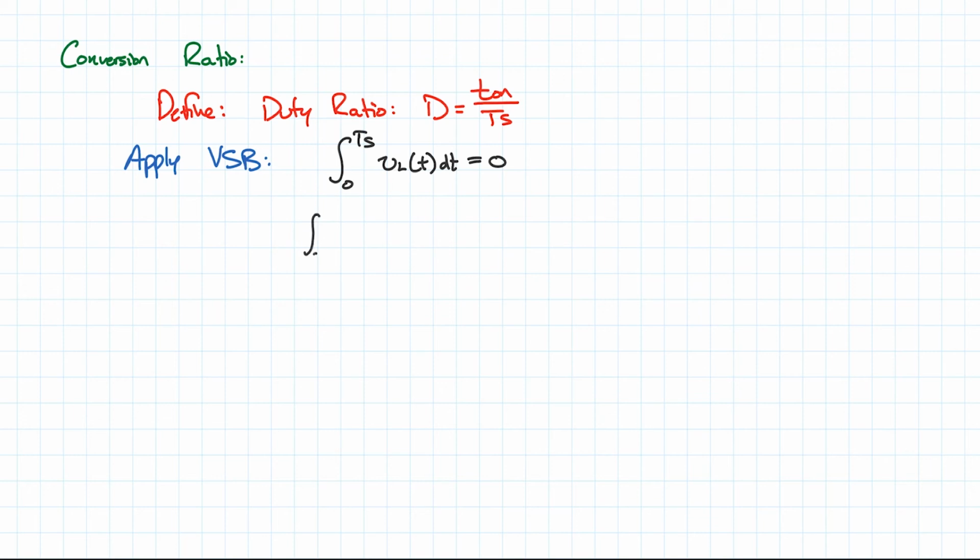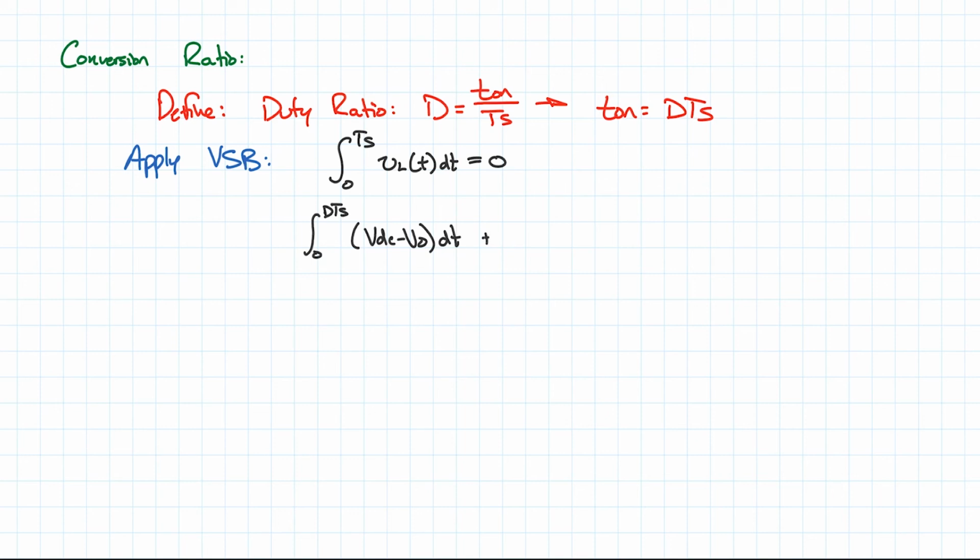So we say from 0, and one thing we should do before that is say that T on is equal to dTs. Just rearranging that, because here we're going to write everything in terms of TS, and we'll see we can divide everything out after. So 0 to dTs of VL, we said that in that period it was VDC minus VO dt.